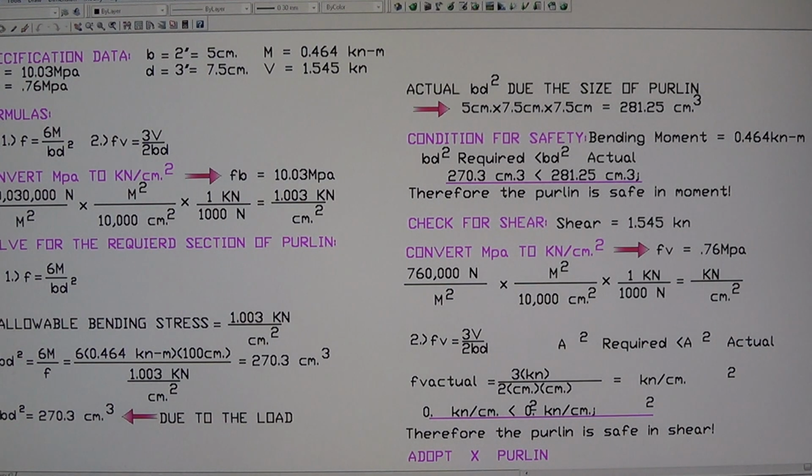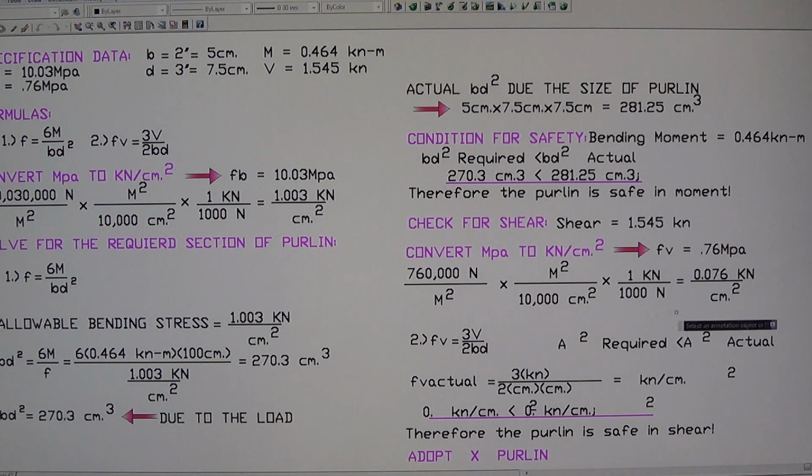And we solve it now. It will become 0.076 kilonewton per centimeter square.